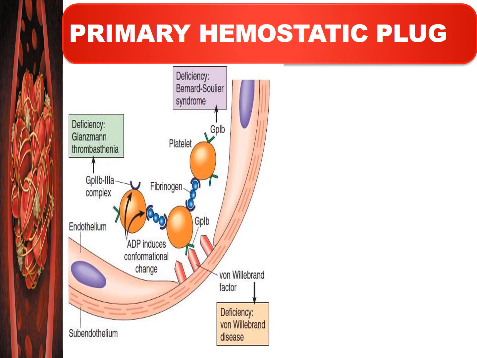Now, let us start the study of antiplatelet drugs by the mechanism of primary hemostatic plug formation. The primary hemostatic plug formation by the platelets can be understood with the help of this simple diagram.